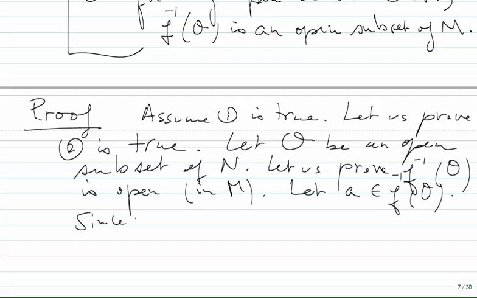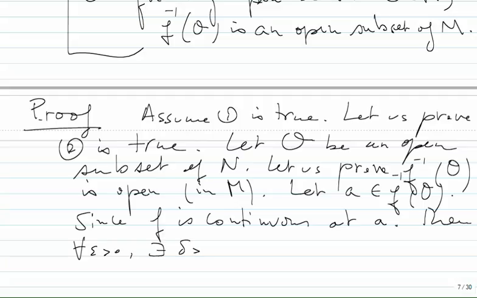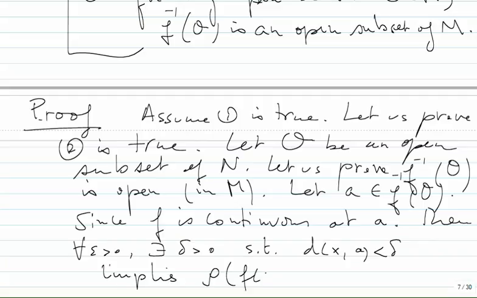Since f is continuous on the entire set M, it's also continuous at a. Then for any epsilon, there exists delta such that the distance from x to a less than delta implies rho of f of x to f of a less than epsilon.